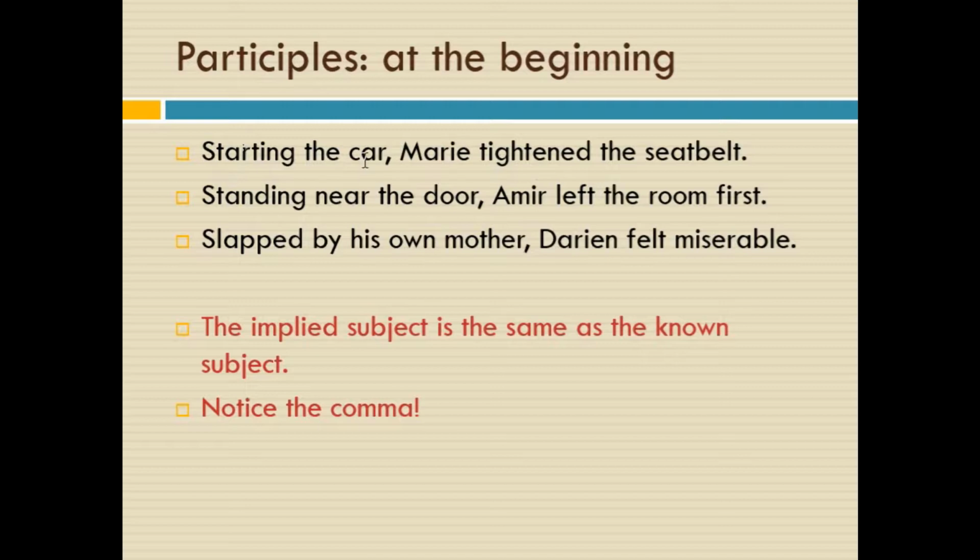So let's look at this example and I'll explain the meaning to you. Starting the car, Marie tightened the seatbelt, right? Starting the car, initiating, igniting the car. Marie, in this case, tightened the seatbelt. What does this mean? It means while Marie was starting the car, Marie tightened the seatbelt.